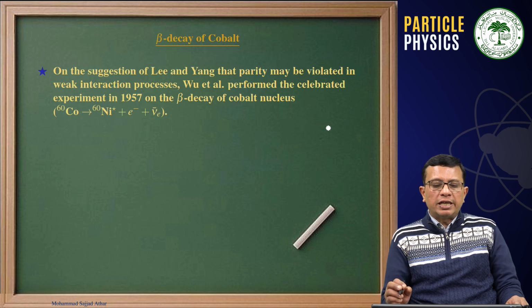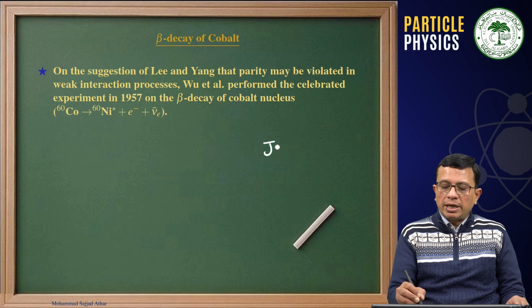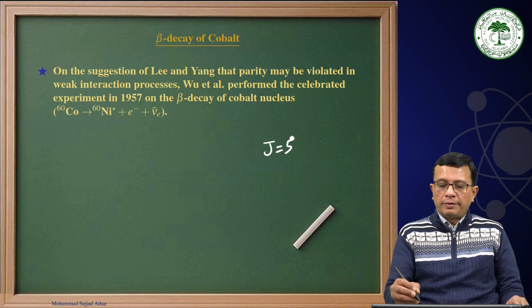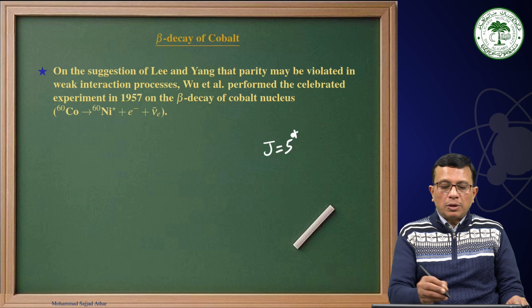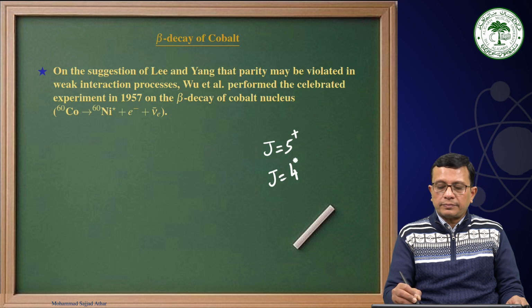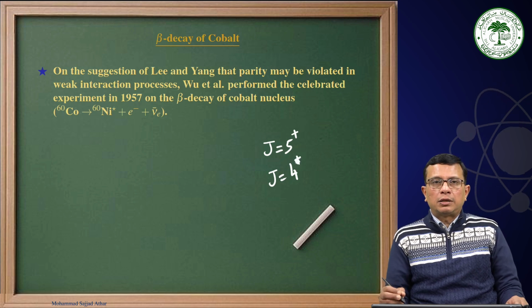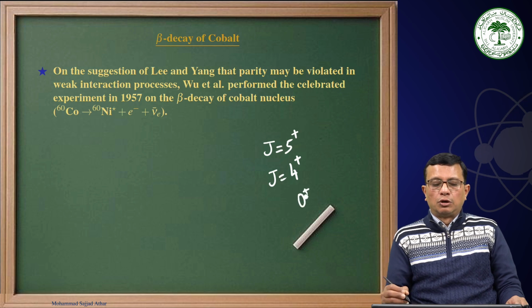performed this celebrated experiment in 1957 on the beta decay of the cobalt nucleus. They took 60 cobalt nucleus, which had total angular momentum of 5 with positive parity, that was decaying into 60 nickel, first in the state 4 plus, and then after emission of 2 gamma rays, this nickel was coming to the ground state 0 plus.